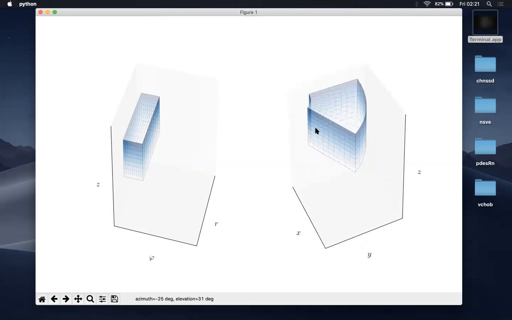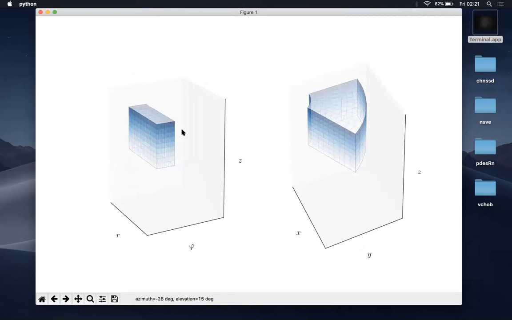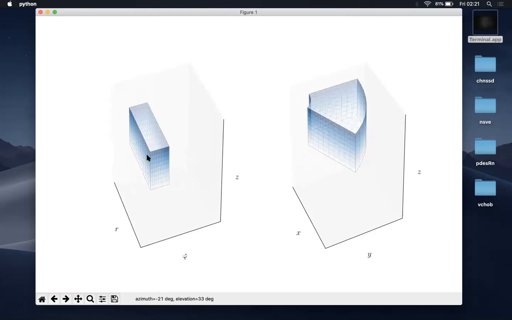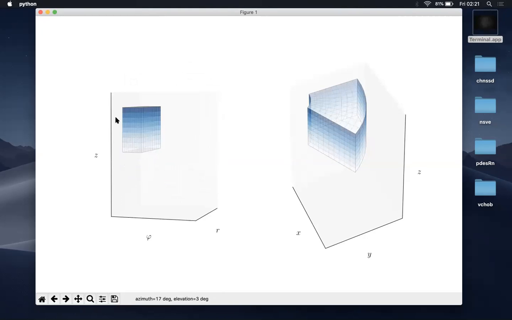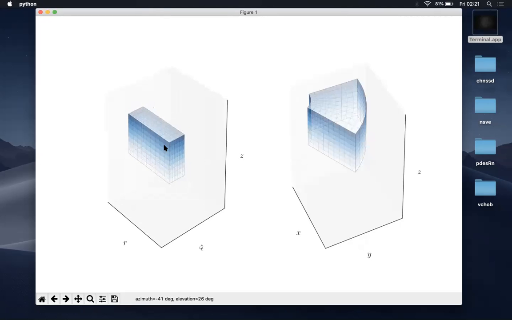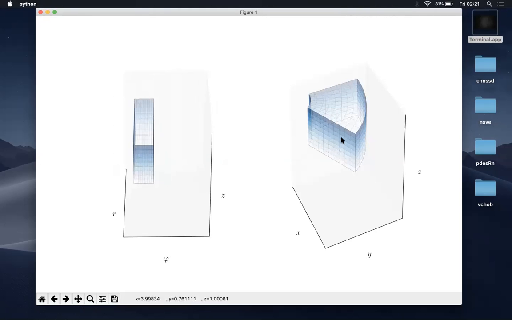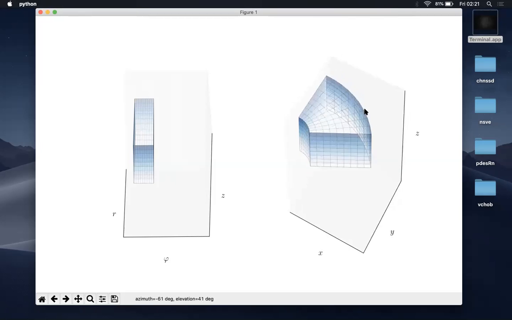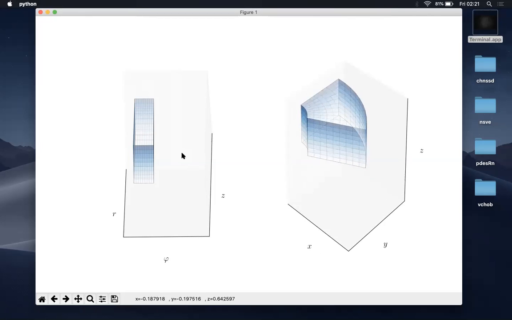Using polar coordinates, you can transform this. So the inverse image of this under the cylindrical coordinates, here you have r, phi, and z, would be a rectangular prism. So integrating over this prism would be easier than integrating over this portion of the cylinder.